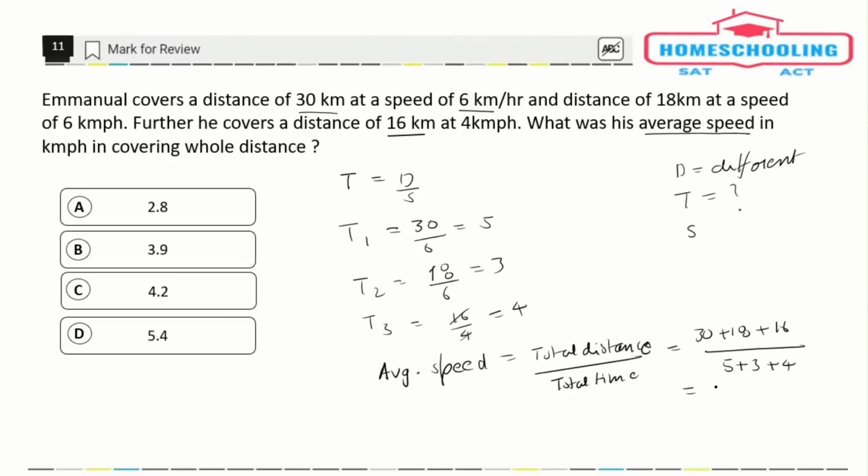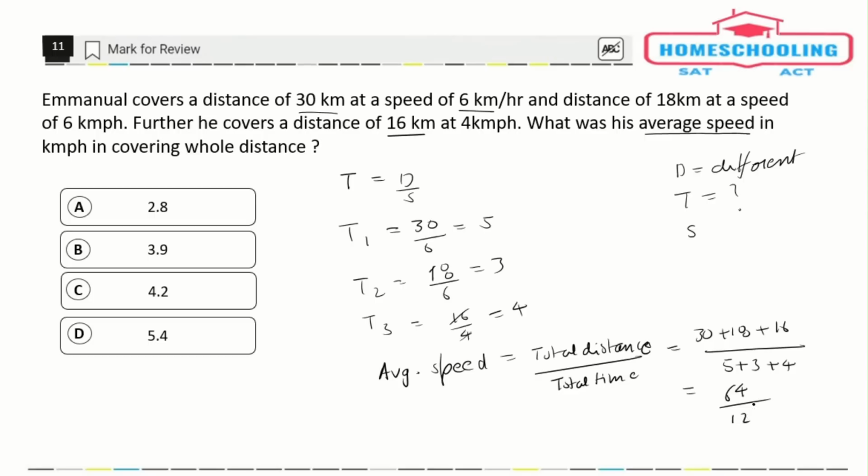So 16, 4, 8, 8 and 6, 4, 3 and 2, 1 carries, 3 plus 2, 5 and 1 carries, 64, 9, 5 plus 4, 9 and 3. Let me see it one more time, 18 kilometer, okay, and 12 hours.